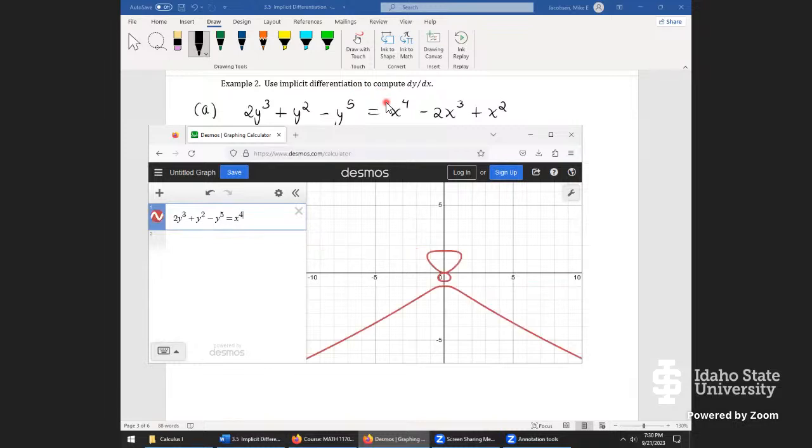This is if it was x, now power 4, looks like a crazy hanger, minus 2x cubed. That almost looks like a face, I'm not really sure. It's like looking at clouds, plus x squared, and it goes back to that shape. So that's our curve. Really weird, right?